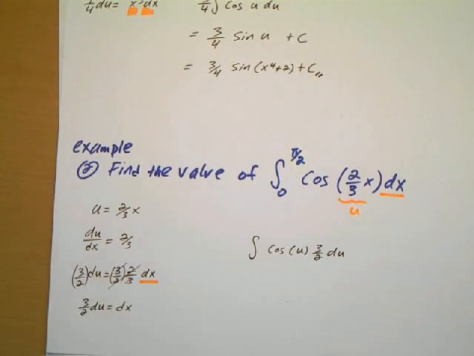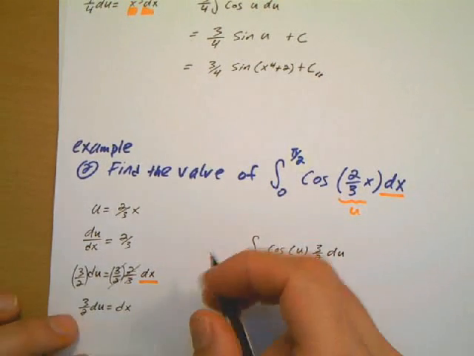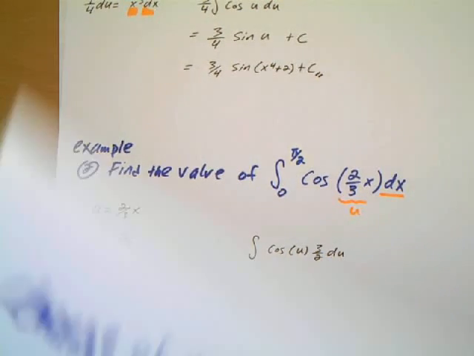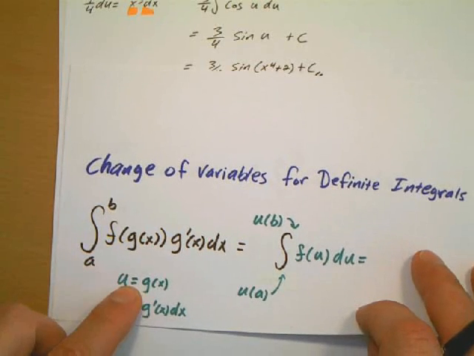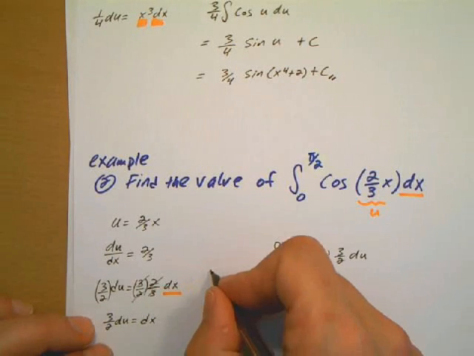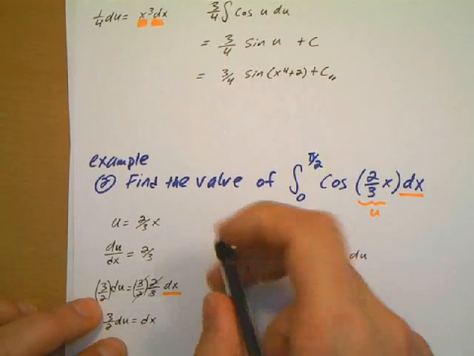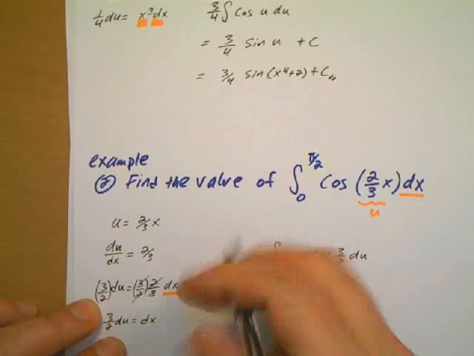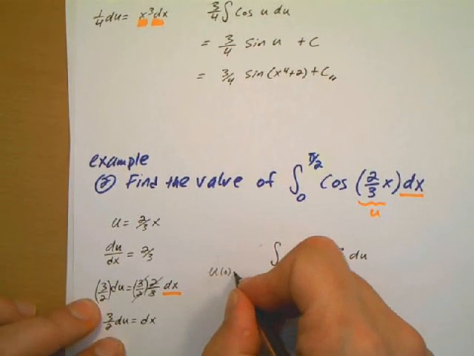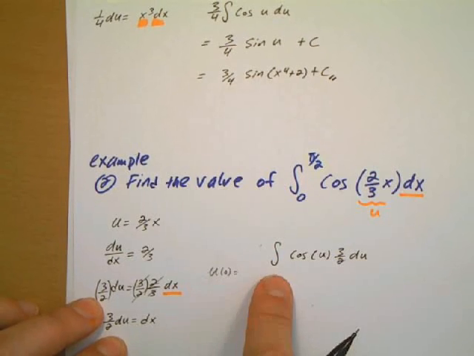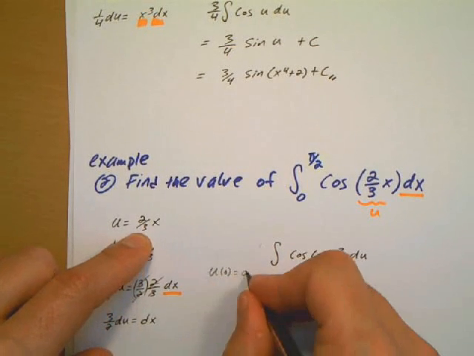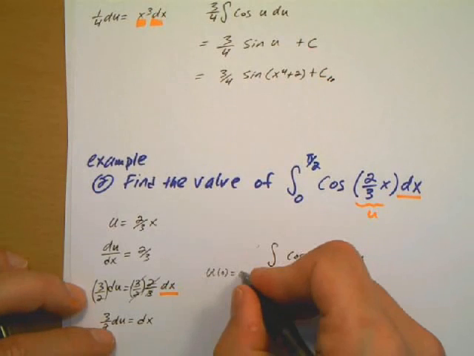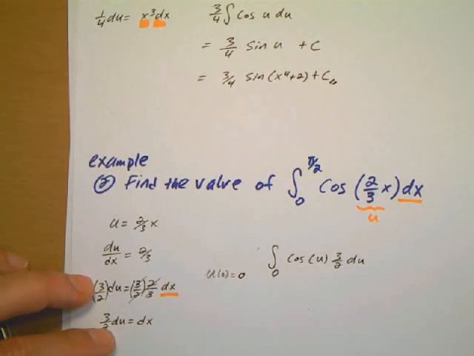Now I do have limits, so I'm going to go ahead and do a limit switch. The limit switch says that you plug your lower limit into what you selected for u. So u of 0, well, 0 remains 0 when I plug it in here, so that's going to be my lower limit.